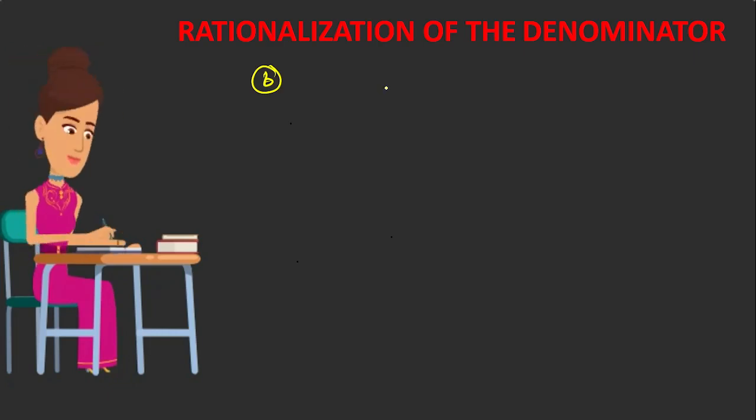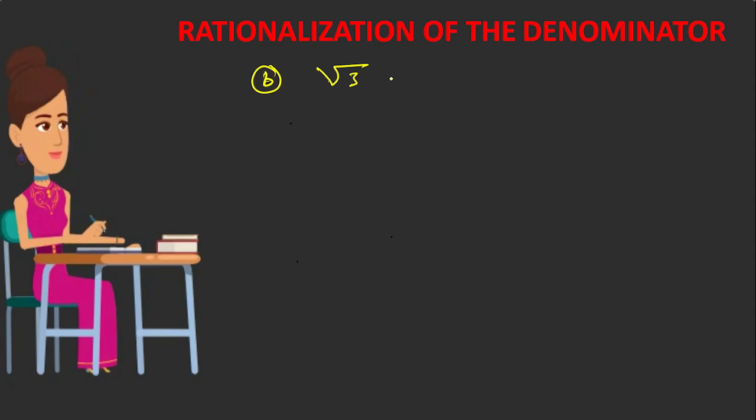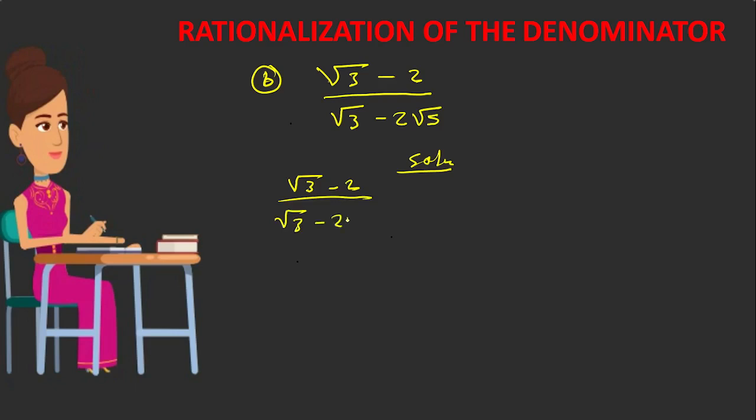So this one, let's say you have something like square root 3 minus 2 over square root 3 minus 2 square root 5. Then I'll say solution. So what you're going to do is rewrite the same expression, square root 3 minus 2 over square root 3 minus 2 square root 5.